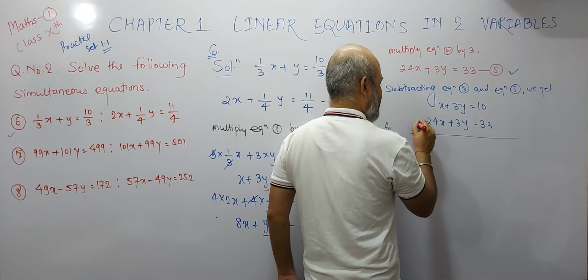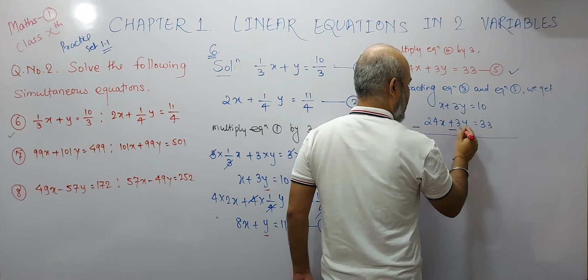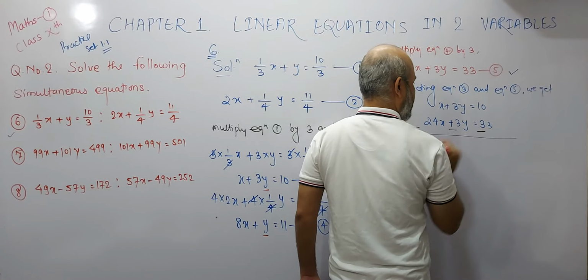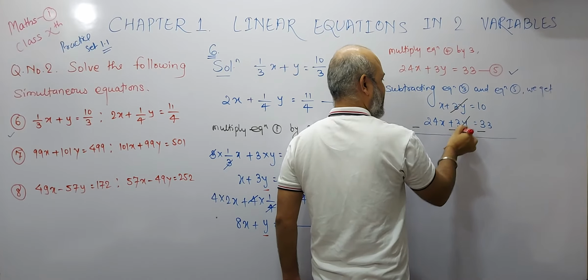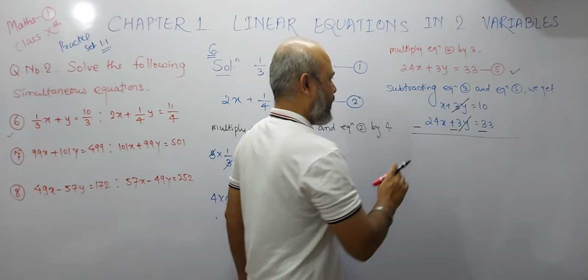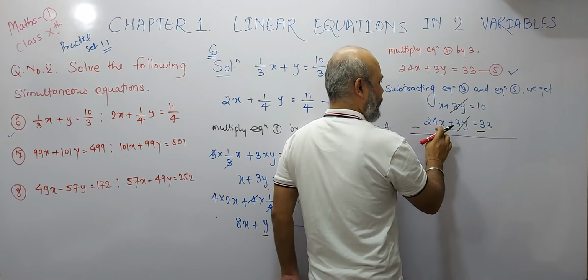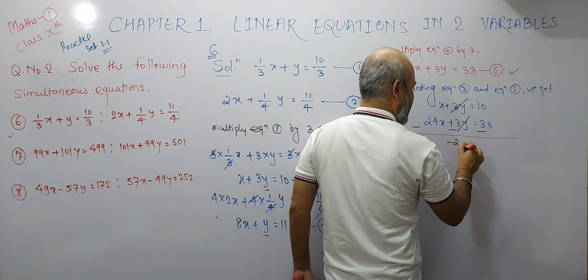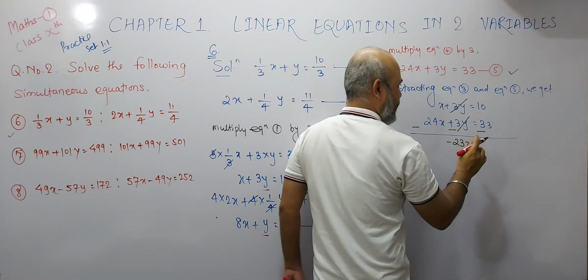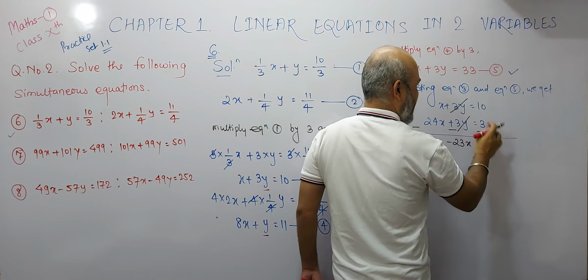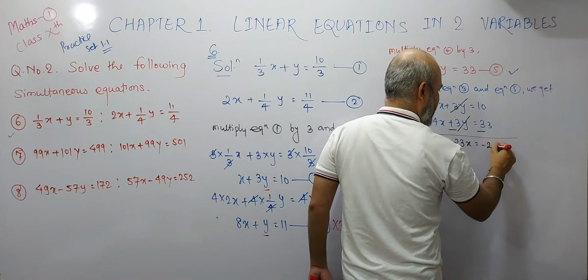So this plus becomes minus, this plus becomes minus, this plus becomes minus. So plus 3y minus 3y will cancel out. This will be minus 24x plus 1x, minus 23x, and this is equal to plus 10 minus 33, this will be minus 23.